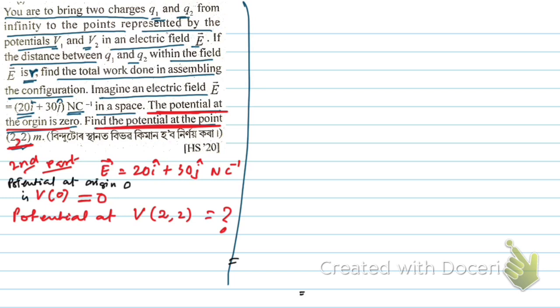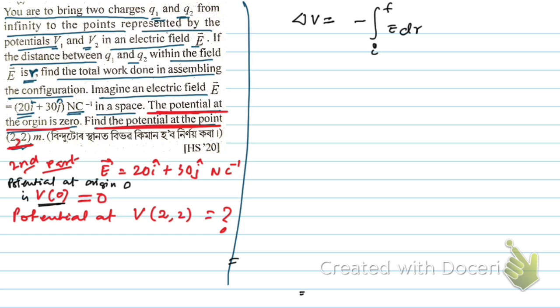So now you see, we know that potential difference is given by minus integration from initial point to final point E dR. We know this. Okay. So here the initial point is V0.